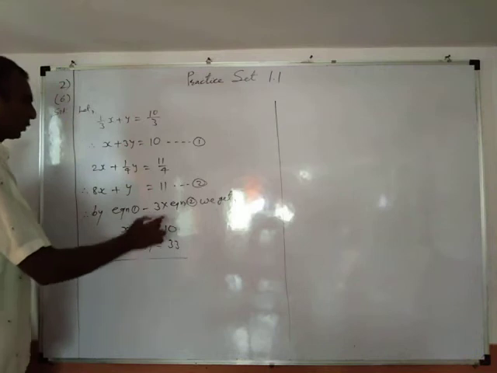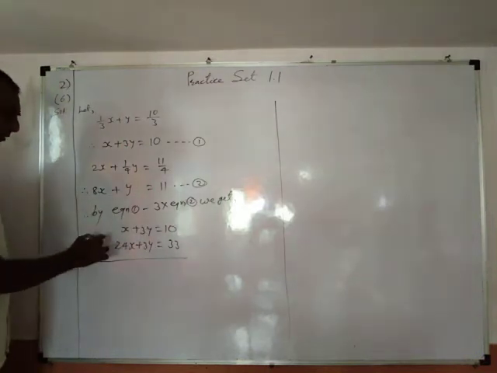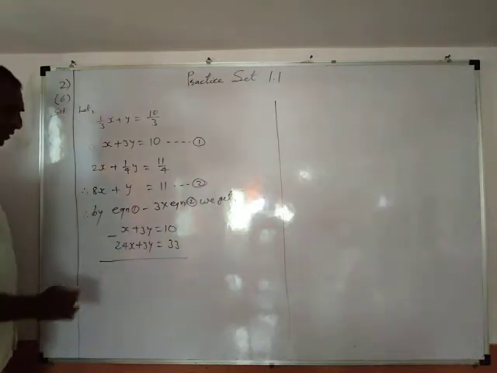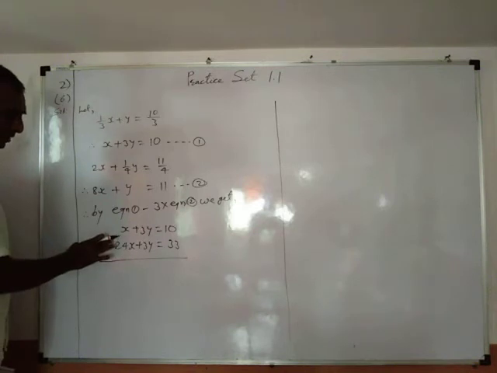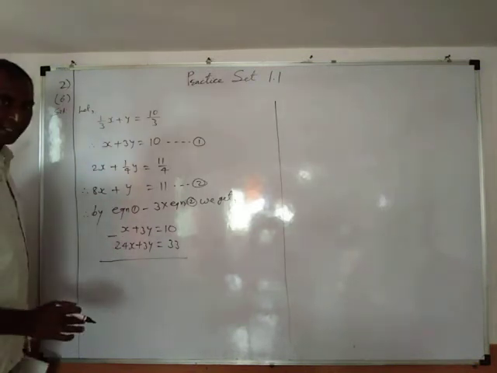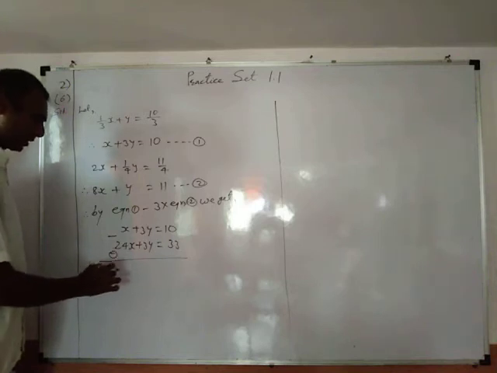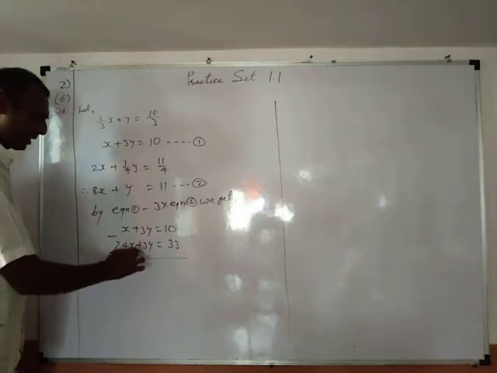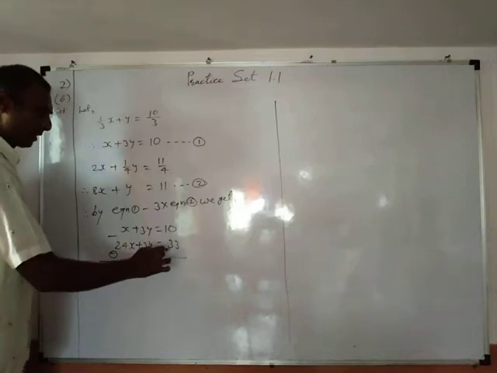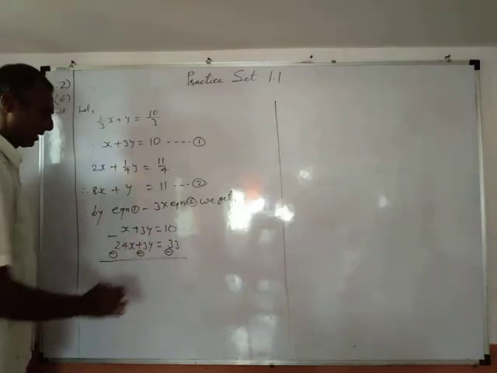As we decided to subtract this product from equation 1, a minus sign will be in between these two equations, and due to this subtraction every sign of the second equation will be changed. Plus 24x will become minus 24x, plus 3y will become minus 3y, and plus 33 will become minus 33.